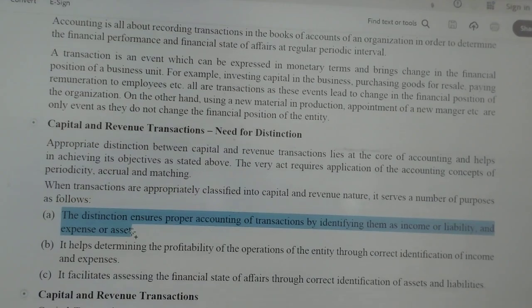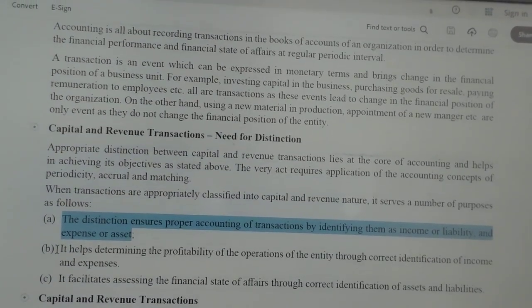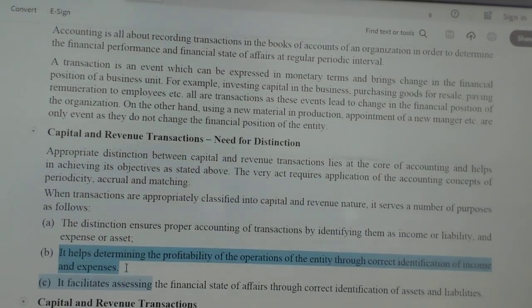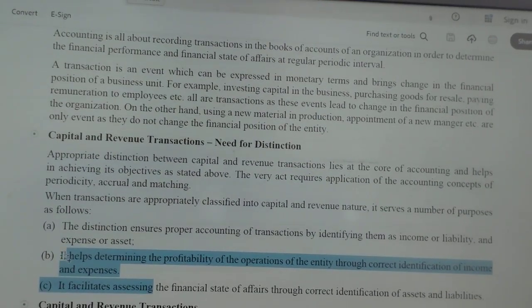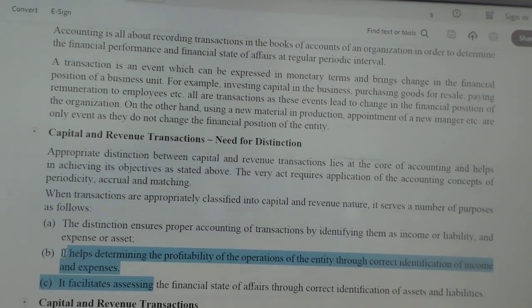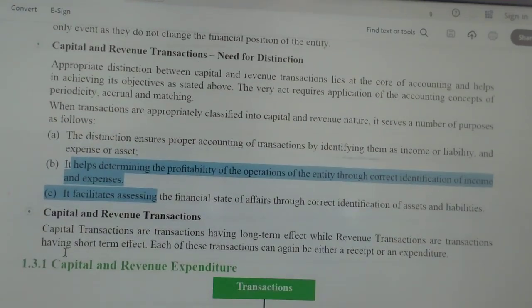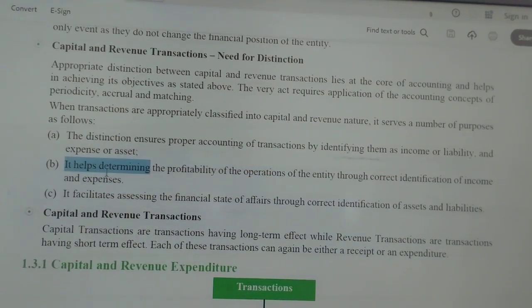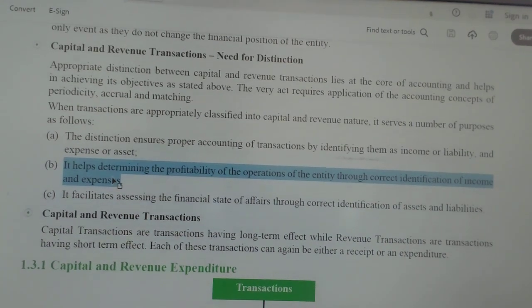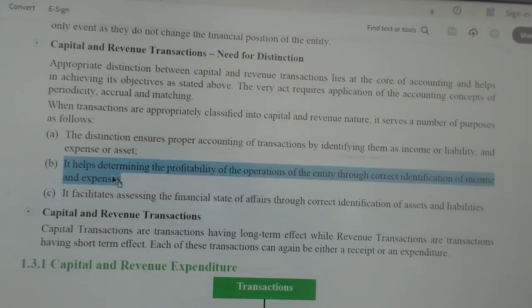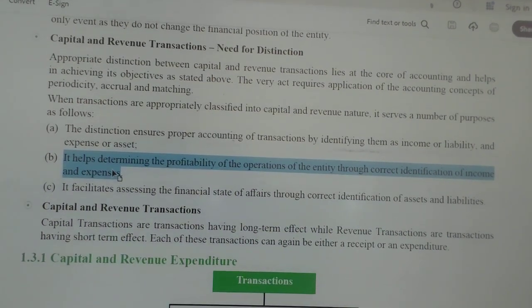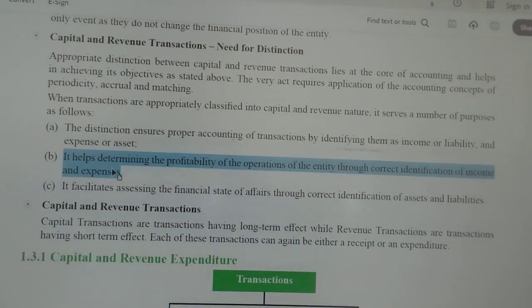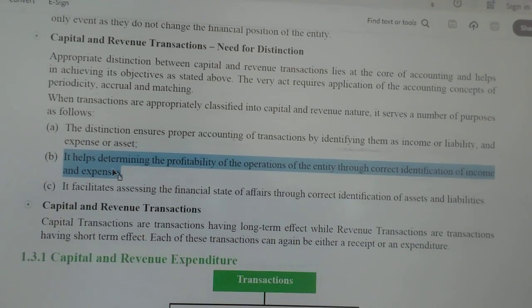The second objective is that it helps to determine profit, the profitability of the operations of the entity, through correct identification of income and expense. In short, it helps to understand the correct profit and loss of the entity or organization.